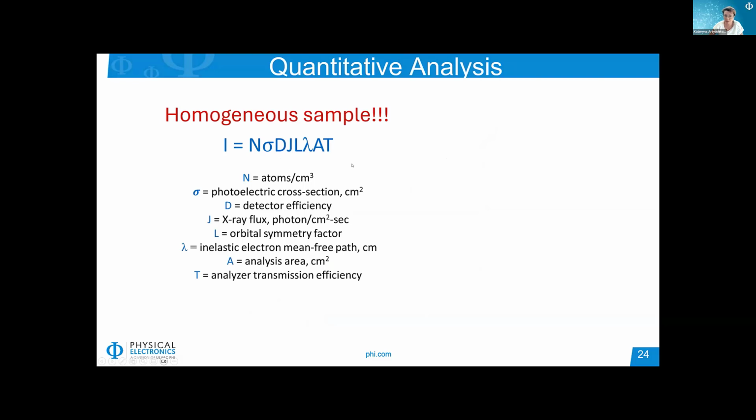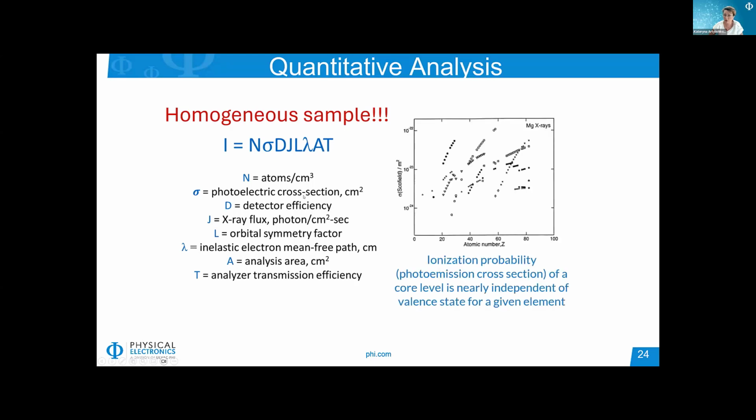The parameters that go into that calculation, many of them are instrumental: detector efficiency, X-ray flux, analysis area, analyzer transmission. Some of them are specific to the material: elastic mean free path, cross-section of the electron, or ionization probability, how many electrons you will produce per photon, that are tabulated data. So this relationship is quite well understood, but it assumes a homogeneous sample.